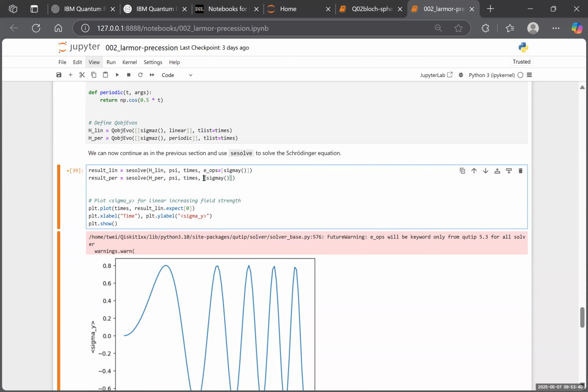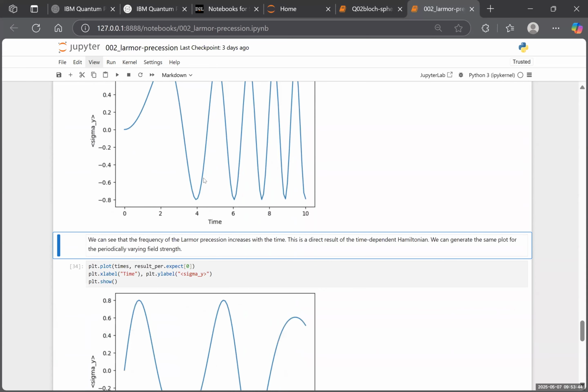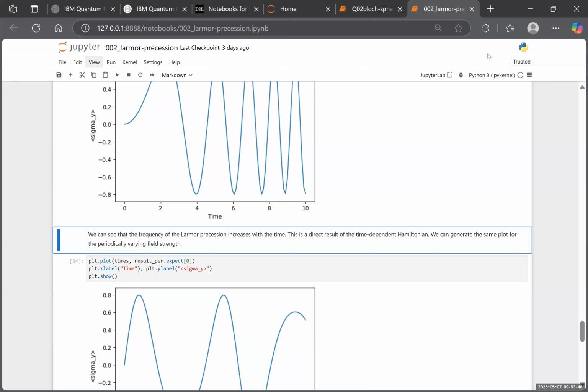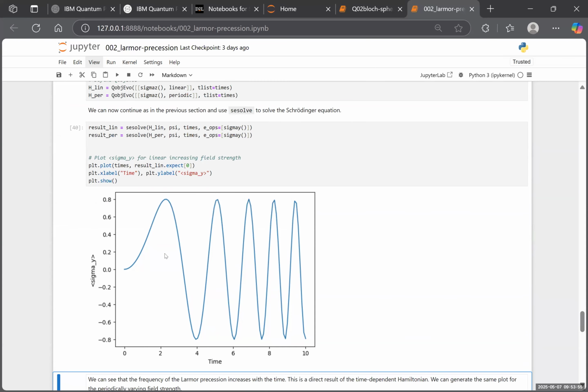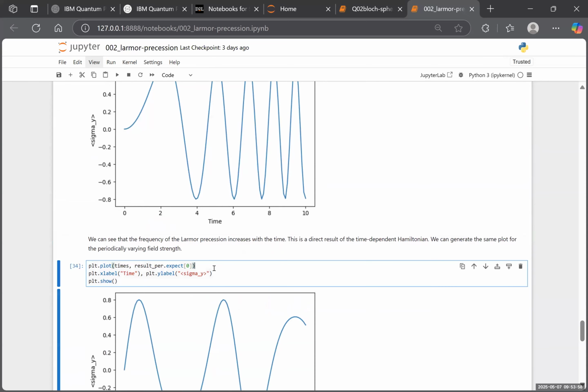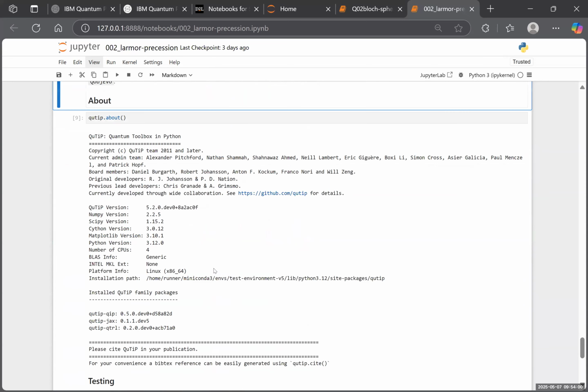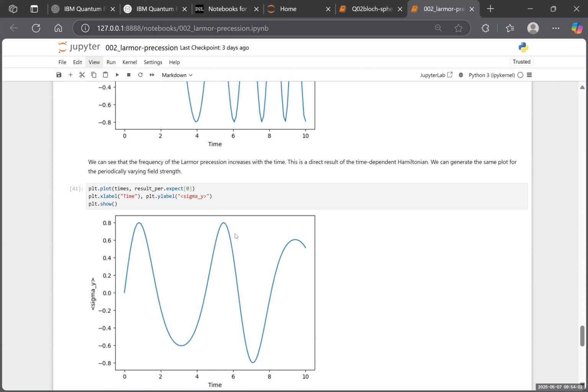So we just fix that. Okay, so this is for the linear ramp, and this is for the periodic. Right, and you see the response, and it's not periodic in terms of the cosine.